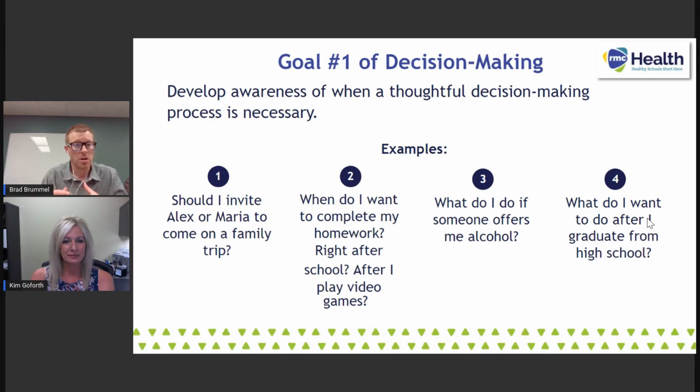And so we need to know when we need to use this thoughtful process. You can see some examples of when a student might need it, but example 3 would probably work great for our secondary health students. What do I do if someone offers me alcohol? That would be an example of when a thoughtful decision-making process is probably necessary.